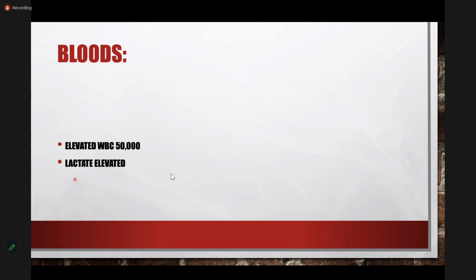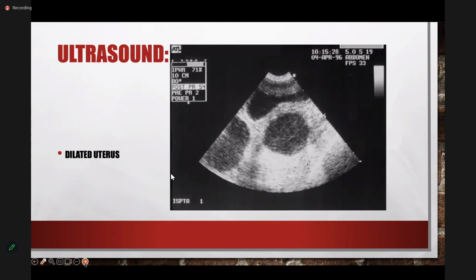So if we go back, what do you think? There might be an infection because of the elevated white blood cells. You did an ultrasound, and you found a dilated uterus.